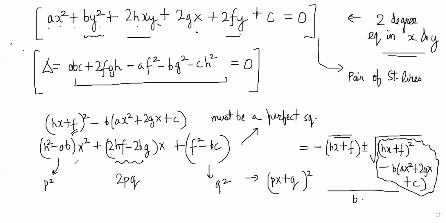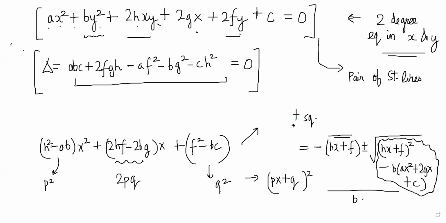So p must be root of this, q must be root of this, and hf minus bg must be pq. Pq is root of h square minus ab times root of f square minus bc.